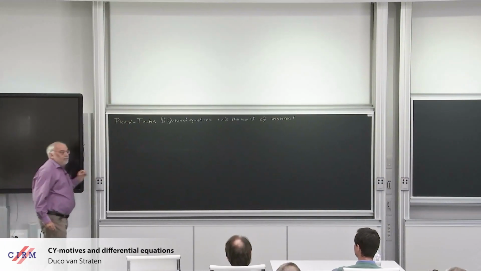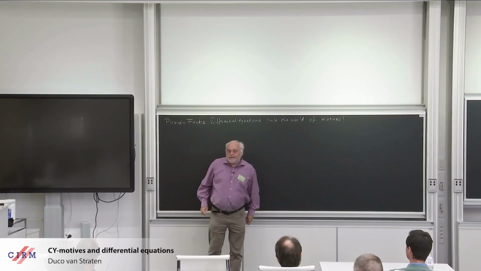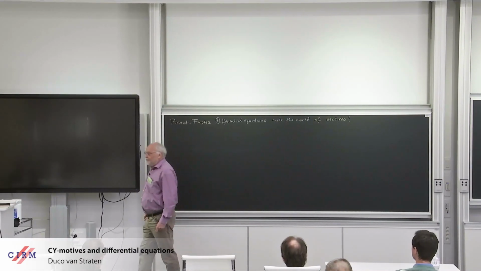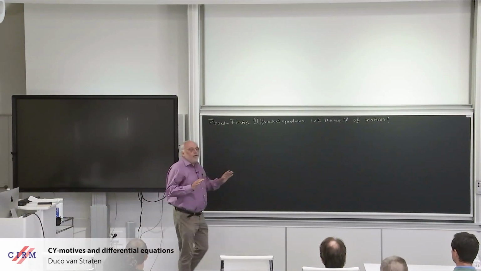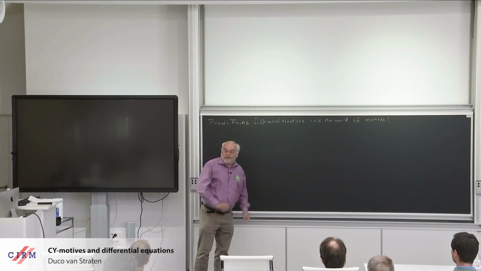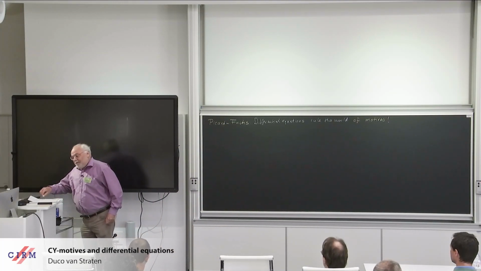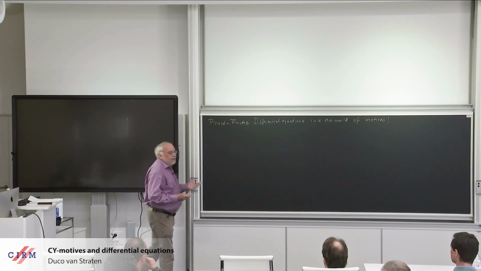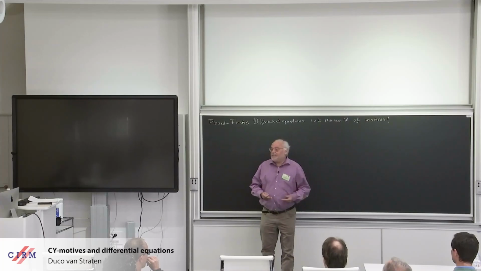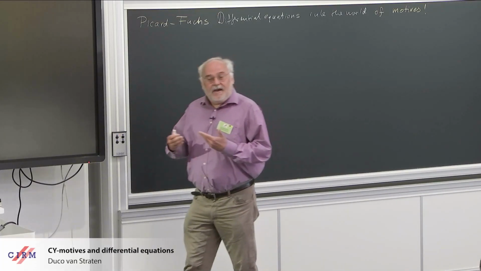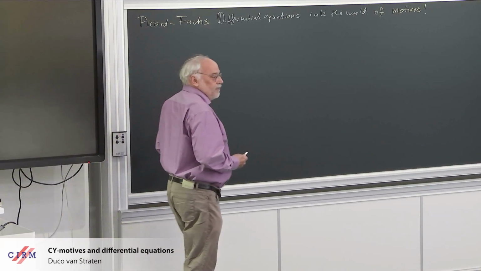So I will be focusing on sort of the arithmetic part of the theory of differential equations, which is a large subject of which I know only the beginnings, and it is related to the other two topics, algebraic geometry of varieties, of Calabi-Yau varieties, and mirror symmetry, which leads to interesting examples.